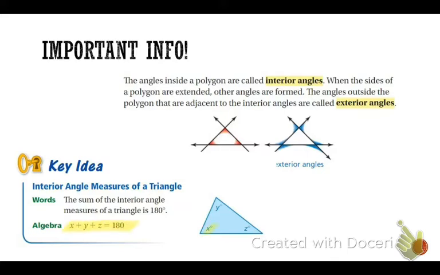So if I add all three angles together, I get 180 degrees. That's the basis for all of our examples today. We have to remember that the angles will add up to 180.